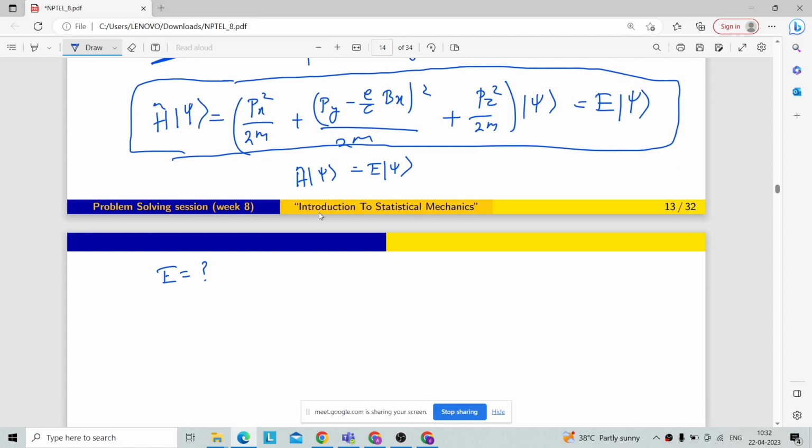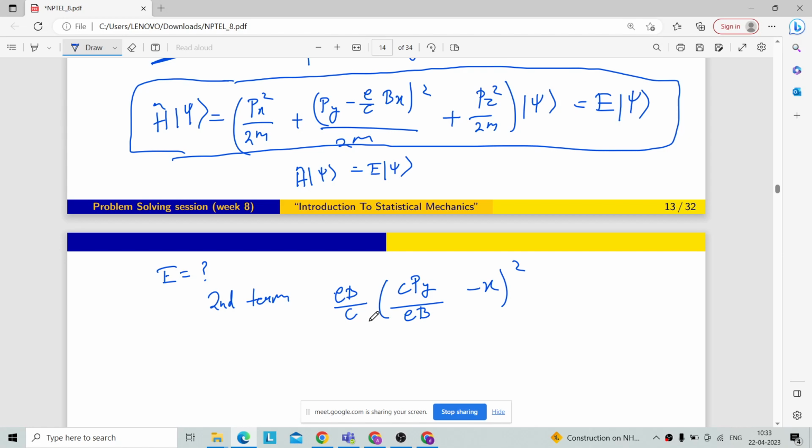Now from the second term, let me take common eB divided by c. So the second term will become eB over c is taken common, so it will become c Py divided by eB minus x, squared, right?